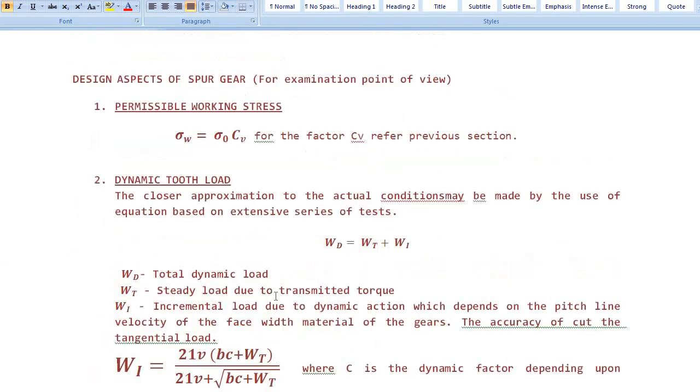And the design procedure: when you come to the design procedure, the entire design depends upon the Lewis strength equation, that is the beam strength equation. Based on that beam strength equation, you design the entire gear. For gears to rotate, they act as rolling elements, two rolling elements.